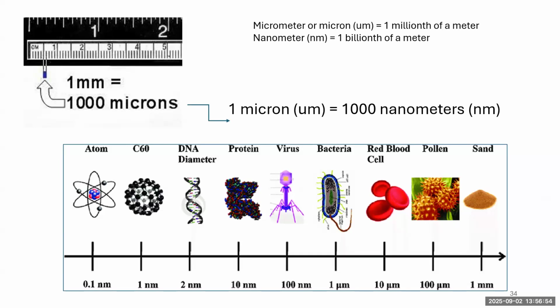But this C60 here is a special molecule that includes 60 carbon atoms in a sphere. That's 1 nanometer. So when you're thinking about removing contaminants that are molecules or ions, like I think Daryl mentioned arsenic, for example, we're talking about needing to remove very small things. DNA to protein, 2 nanometers to 10 nanometers. Viruses, 100 nanometers.